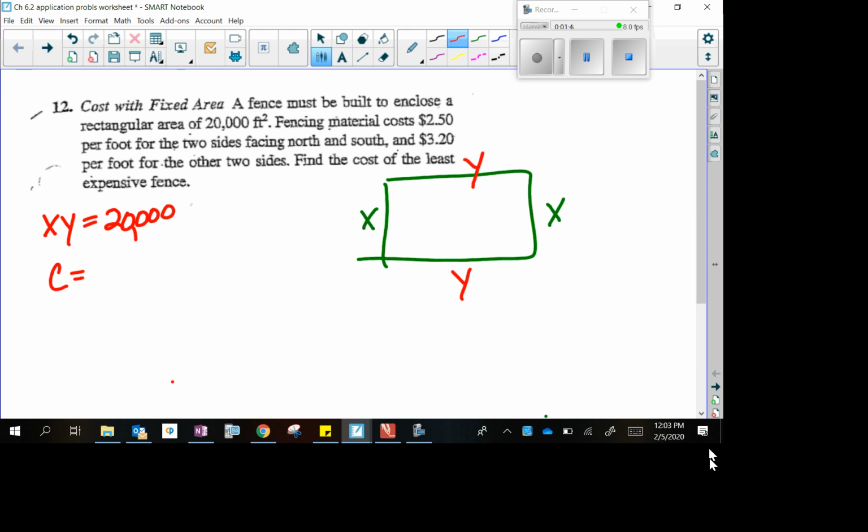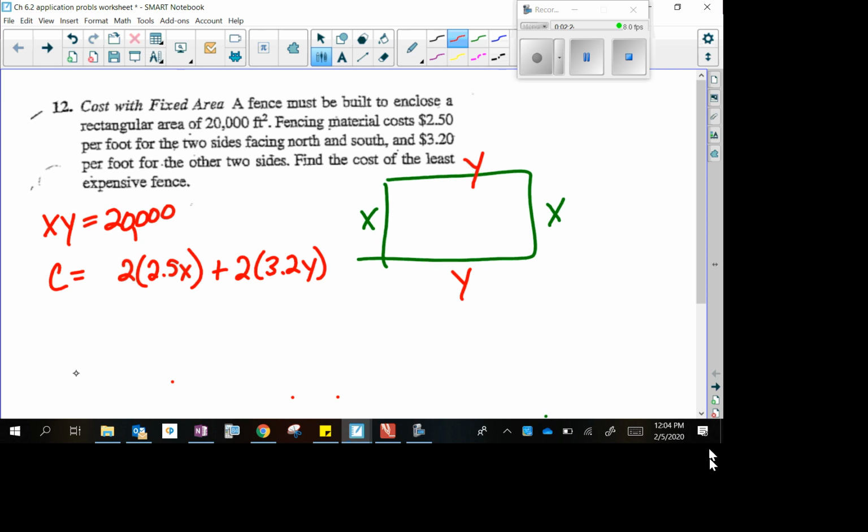We know that fencing material costs $250 per foot for two of the sides. So what would that look like? Molly? There you go. Yep, 2 times 2.5x, plus 2 times 3.2y. Everybody agree with that? Okay.